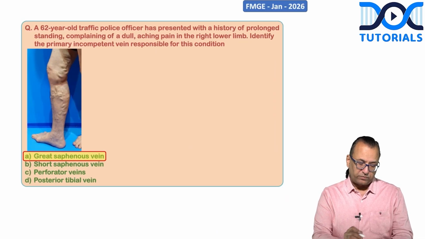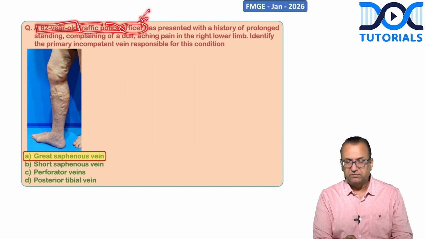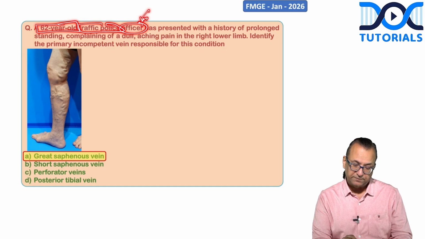Now, if you are told that it is a 62-year-old traffic police officer, long-standing job, pooling of blood, damage of the valves, incompetent valves in the perforators, and then deeper veins sending blood back to superficial veins.